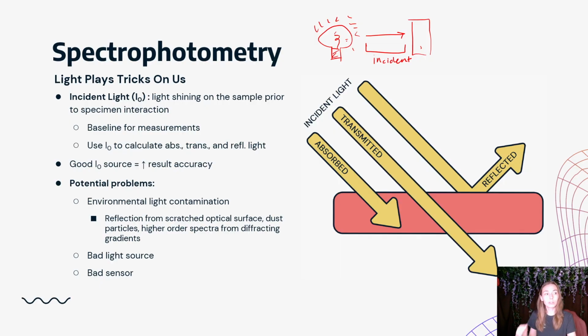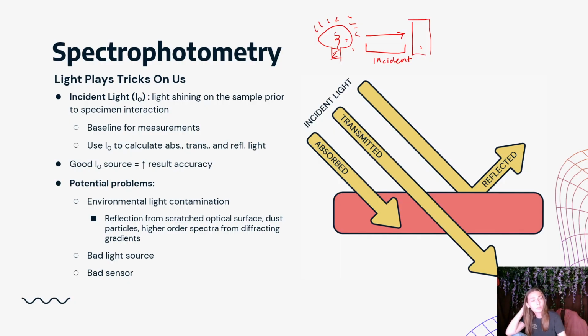which means we really want to avoid any kind of problems that could change how much we can trust our incident light value. I cannot harp on this enough, you need to know exactly how much light you are putting into your system in order to know how much light you should be getting out of your system.